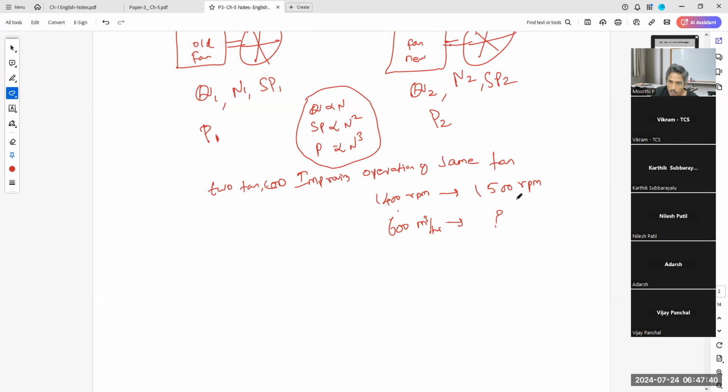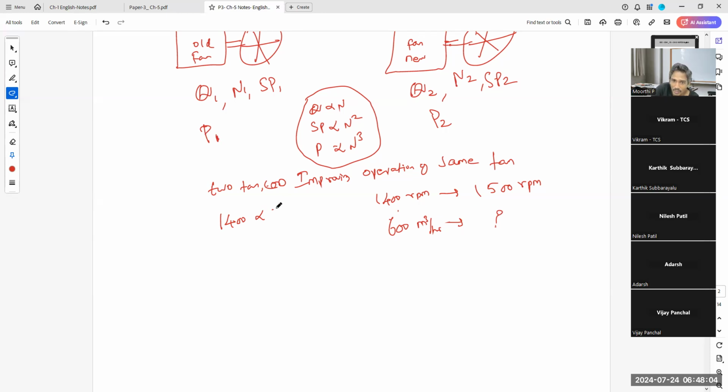What is the new flow at this new speed? How to equate this one? Directly proportional. Okay, next you have to write the new flow, because for 600 you can tell only 600. Understood, na?